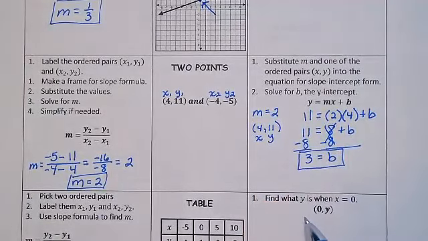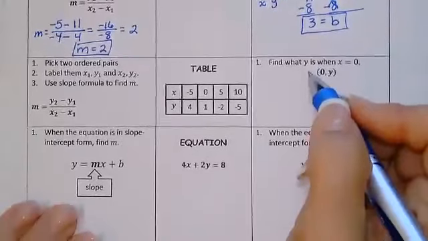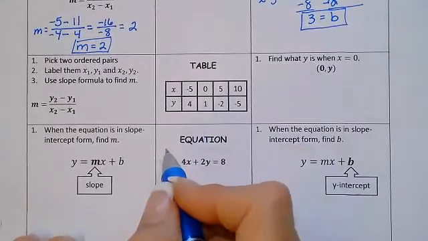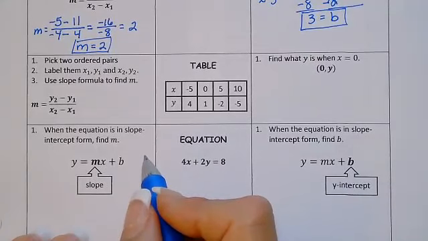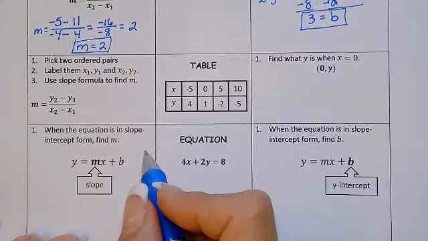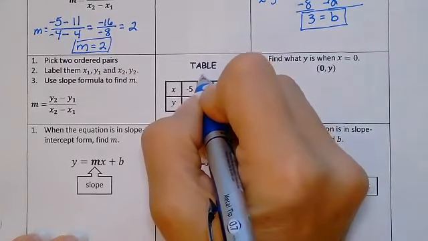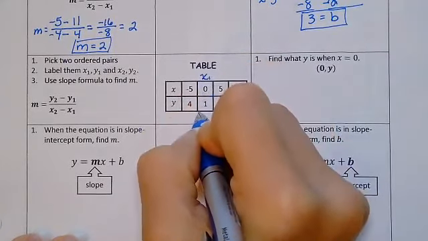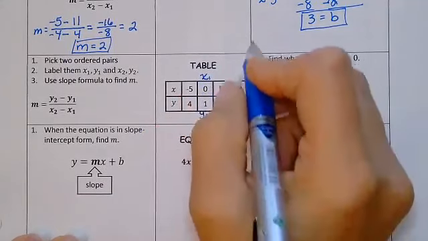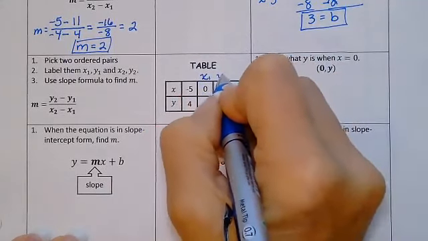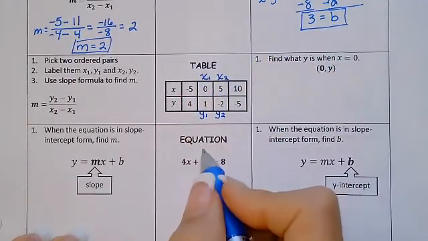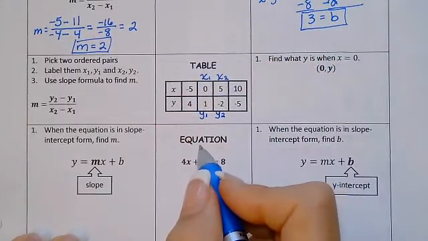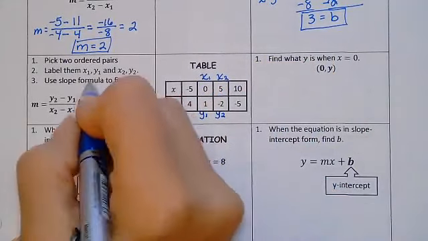For a table, we're going to pick two ordered pairs, label them x1, y1, and x2, y2, and use the slope formula to find m. So I'm going to pick this one, x1, y1, and I'll do the next one, x2, y2. You can pick any ordered pairs. All right, now we're going to use the slope formula.